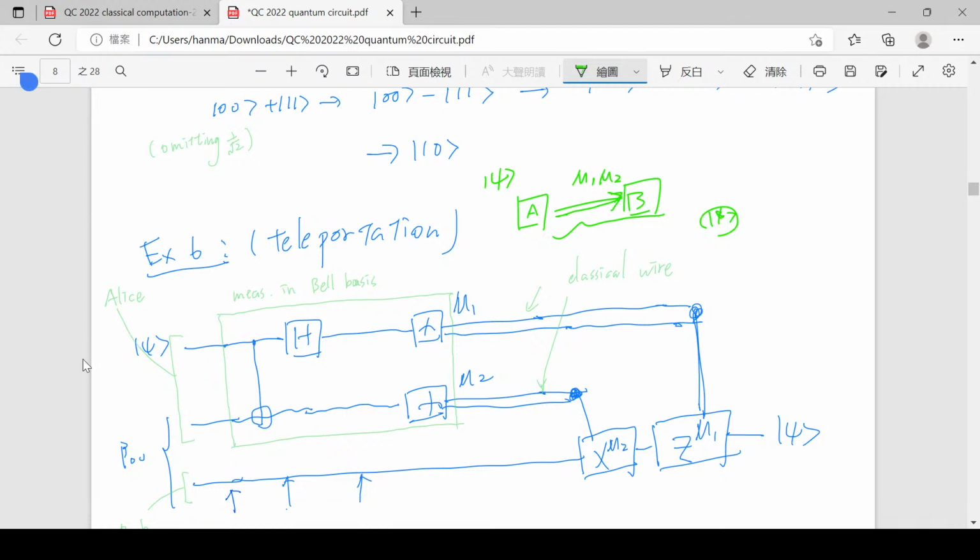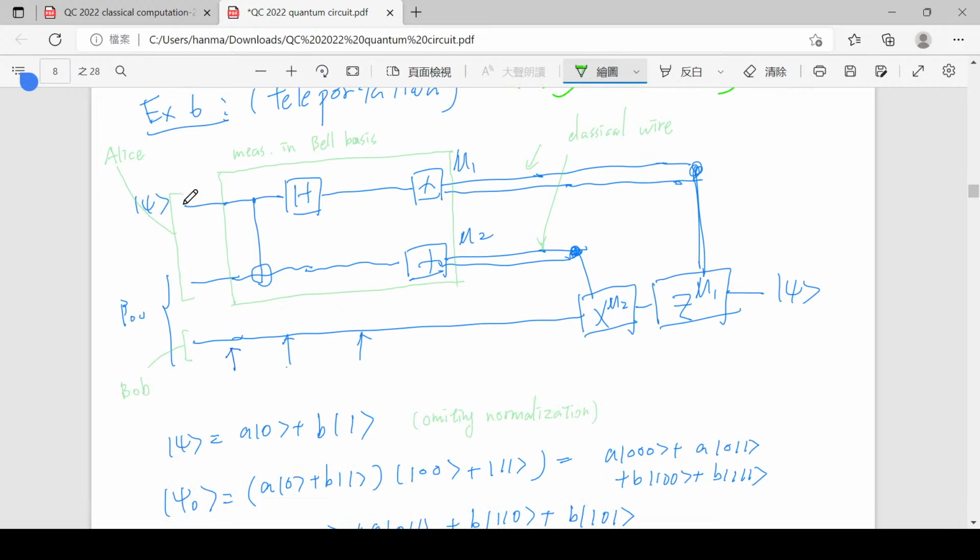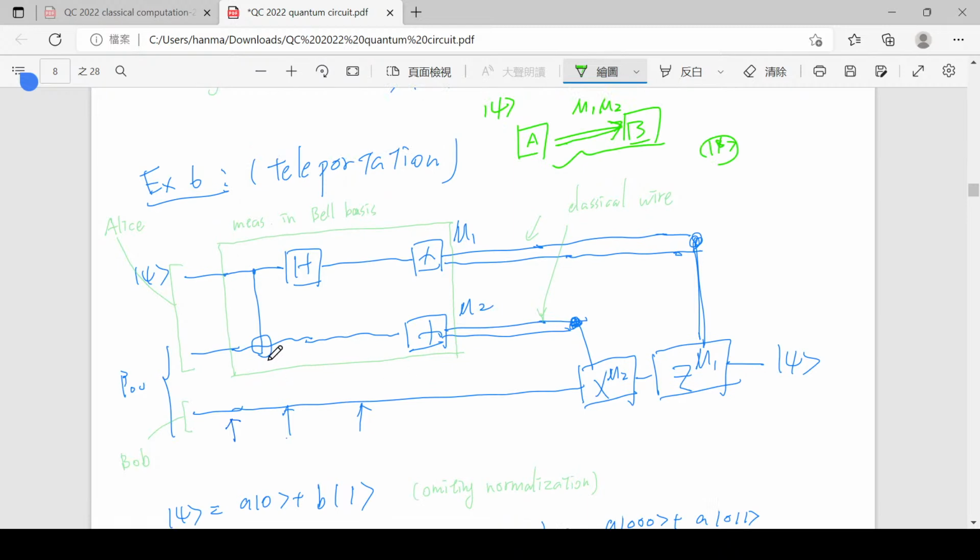As we said, at the start, Alice is holding this state ψ that she doesn't even know, it's an arbitrary state, and she's sharing an EPR pair with Bob. So it's β00 here. The first 2 qubits are held by Alice, and the last qubit is held by Bob. So what happens is this. Alice does a measurement in Bell basis.